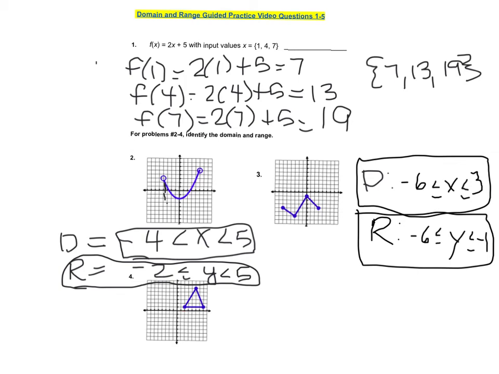So we write down a 2 for our domain, and then it's included on the shape right there. The 2 is included. It's a closed point, so we're going to put less than or equal to x.